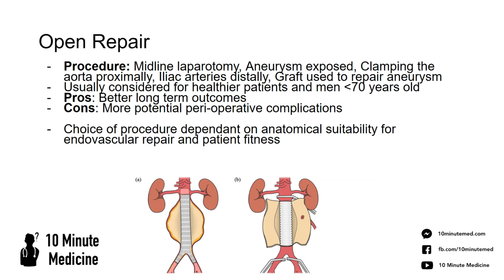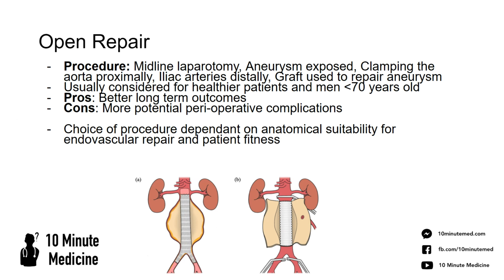The alternative surgical procedure is an open repair, which involves a midline laparotomy, exposing the aneurysm and clamping the aorta proximal and distally to the aneurysm. A graft is used to repair the aneurysm and is usually considered for healthier patients and men less than 70.